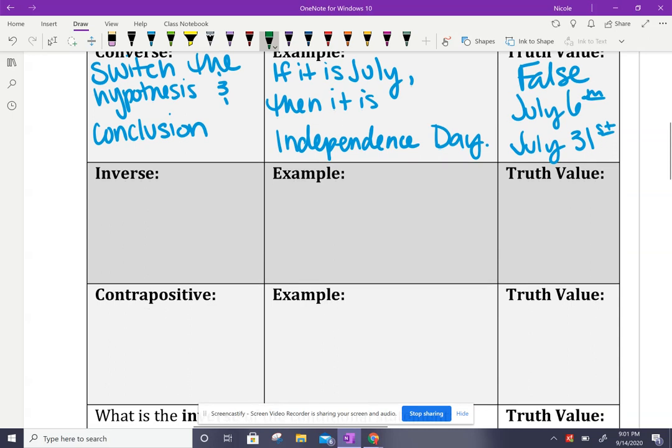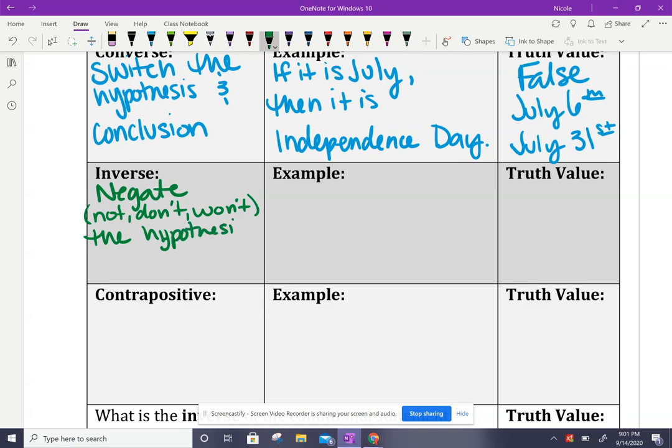For the inverse, we do something called negate. We negate, or say not, don't, or won't, to the hypothesis and the conclusion. So we basically add a no to the beginning of each one.